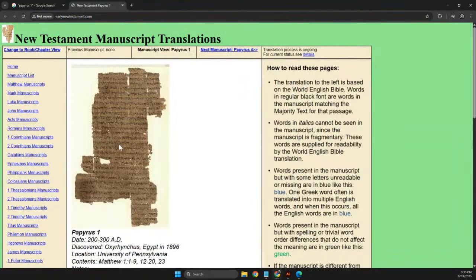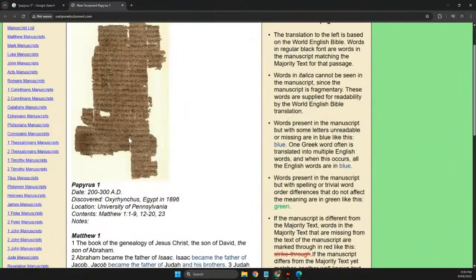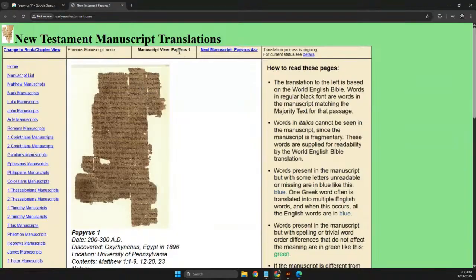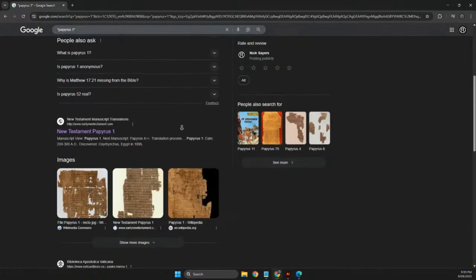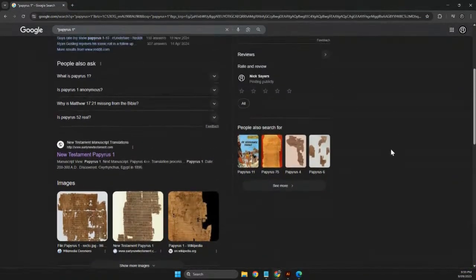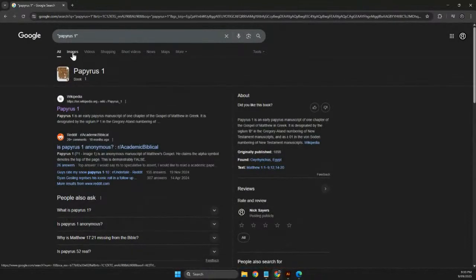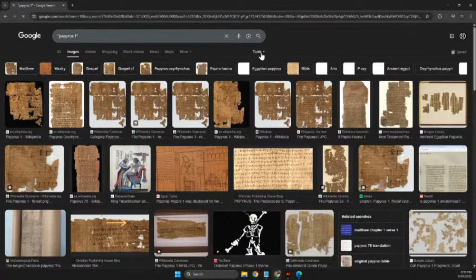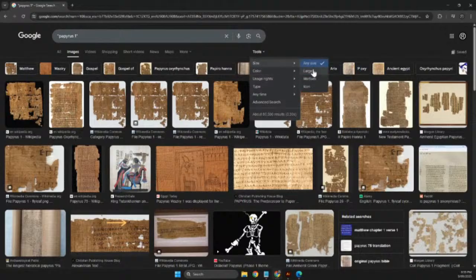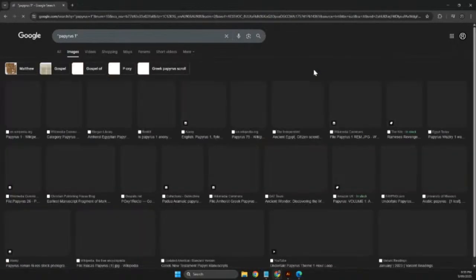That is not Papyri 1. Okay, that's fine. I'll go to pictures, images, and maybe I can go to tools and large size.